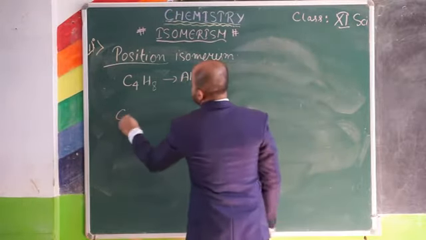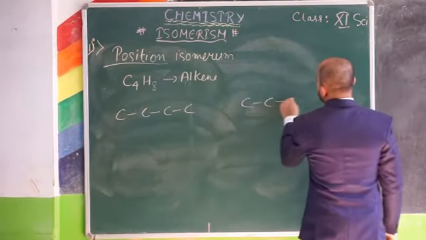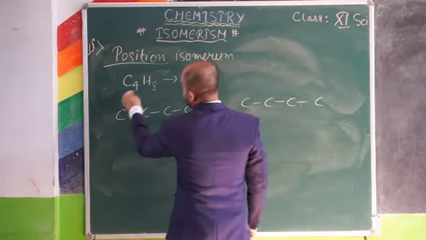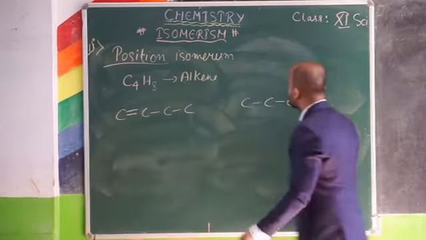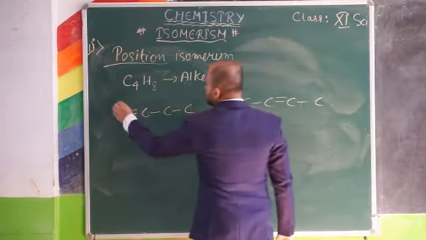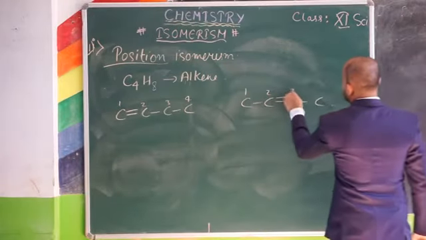Now let's write two structures of this alkene. Here the double bond would be present here, or it would be present between these other two carbons. That means carbon number 1, 2, 3, 4. 1, 2, 3, 4.